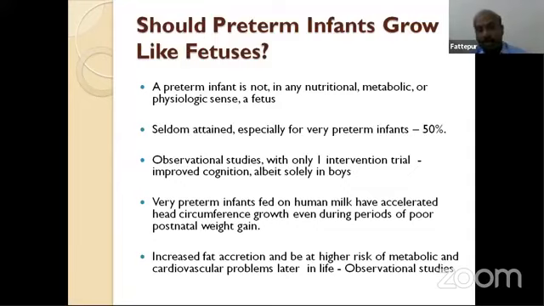Over the many years, when they tried to make preterm babies grow according to the intrauterine growth charts, hardly 50% attained the intrauterine growth rate. So even if children are growing normally, we are giving them unnecessary nutritional management and making them grow abnormally.